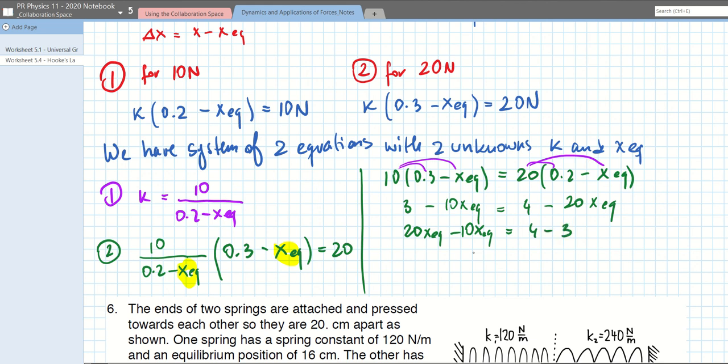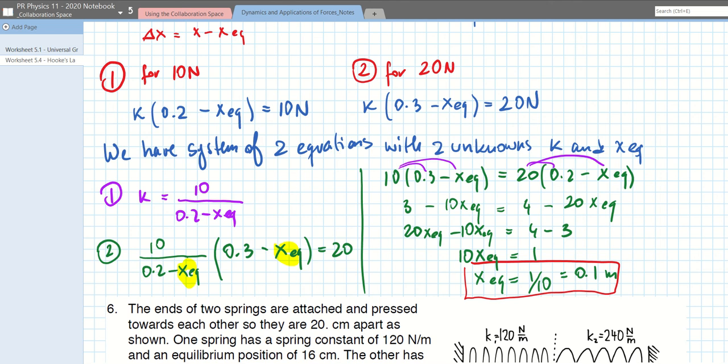So I'm left with 10 x eq on this side, and on this side I just got 1, which means the last step is to divide both sides by 10, and we get x eq equal 1 over 10, which is 0.1. And in this case, this is meters. So that's our first value that we're looking for. We found our x equilibrium. So we know that the spring will return to 0.1 meters in length, so basically 10 centimeters, when the force is removed.